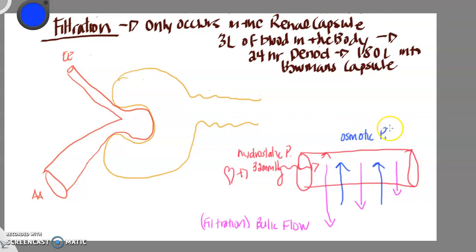And it was about 30 millimeters of mercury, a little bit less than hydrostatic pressure, but it doesn't dissipate. It stays the same. It doesn't change along that. So that brought some of that fluid back into the vessel. And then, of course, at the end, in a 24-hour period, we had basically a net filtration. So stuff that stayed out in the interstitial space of about 3 liters per day, and that was handled by the lymphatic system. So that should be reviewed.